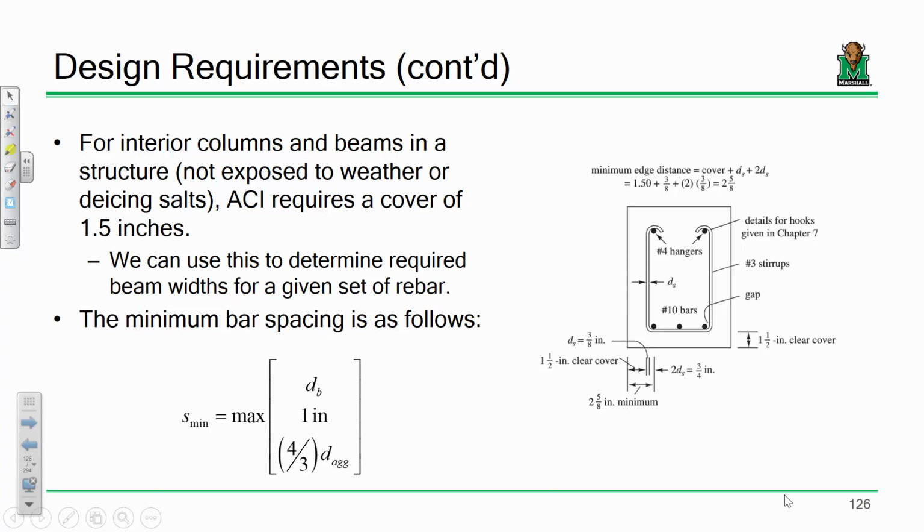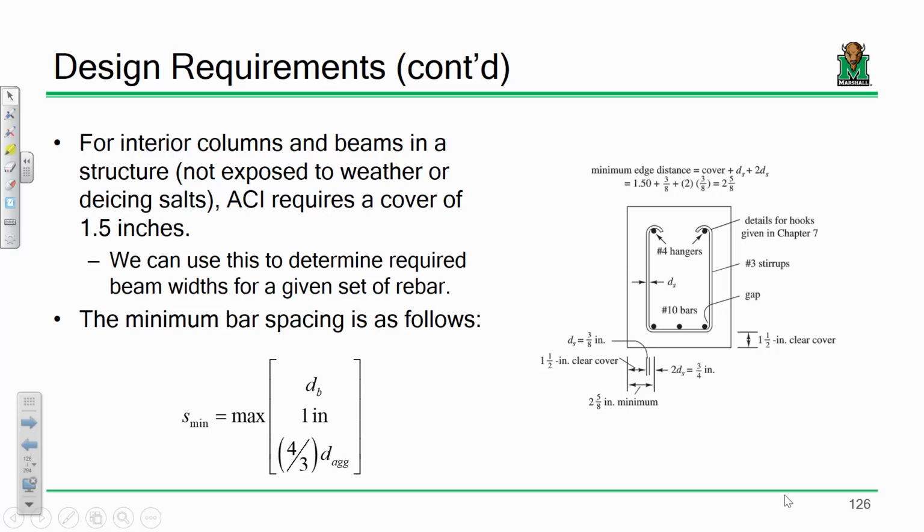So that's exactly right. So let's say here, okay, let's say I was looking at this beam, and I've got 3 bars, okay? Well, in order for this option to work, this width has to be a certain value, okay? Well, how do I determine that? Well, I've got the cover on each side, which we'll say is 1.5 inches for interior beams.